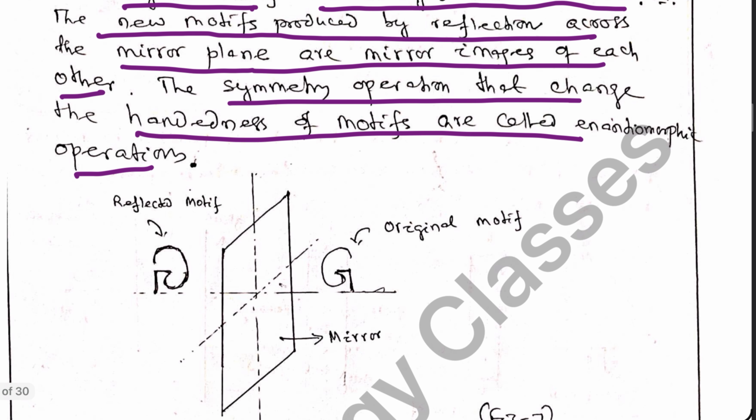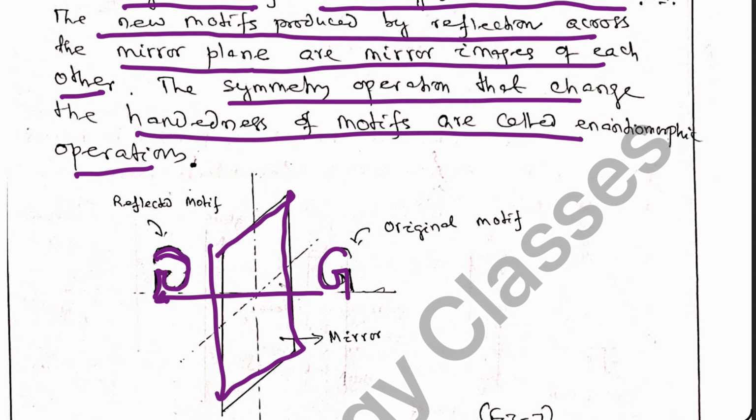So here this is the mirror plane. We have G on one side, and exactly at the same distance G is repeated and it is having its mirror image. Both G are related to each other with respect to mirror image.